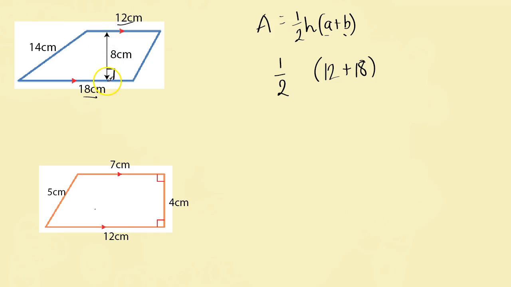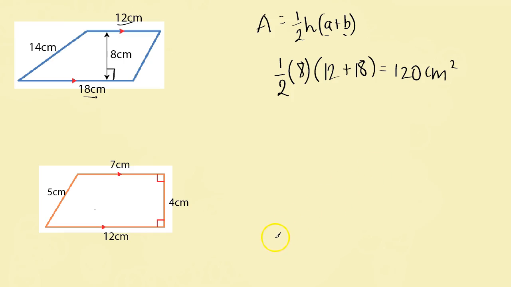That really does show us how far away these two lines are, whereas because this 14 is on a slant, it's not the height. So half 8. Just going to put that in brackets, and you can type that into your calculator as is. So putting the height in brackets, the half next to it, that will multiply those two together, and the two numbers in the bracket will be added and then also multiplied. So that gives us 120 centimeters squared.